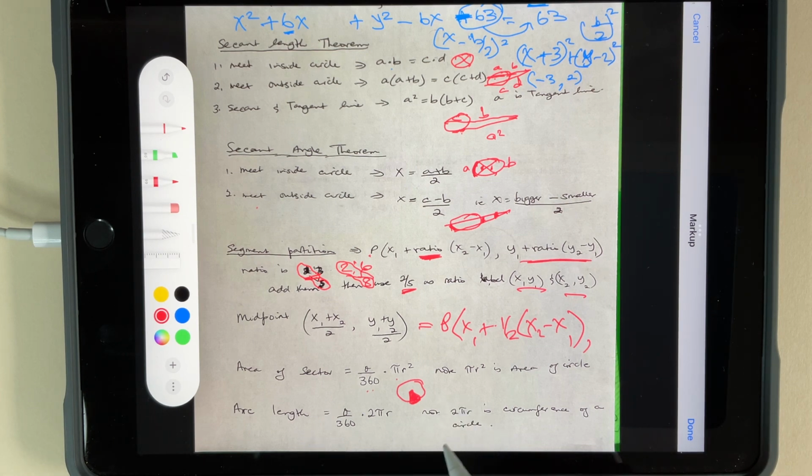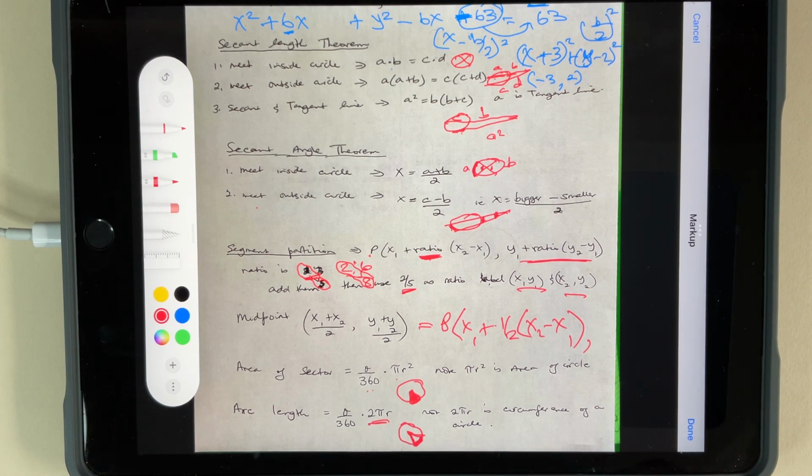Now the arc length is pretty similar, except that you're multiplying by 2 pi r, which is literally the distance around the circumference of the pie or the circle, but you need just to find that little piece right here.